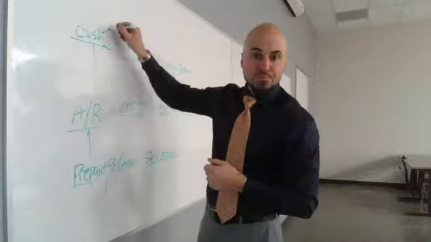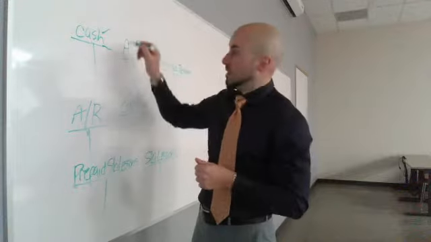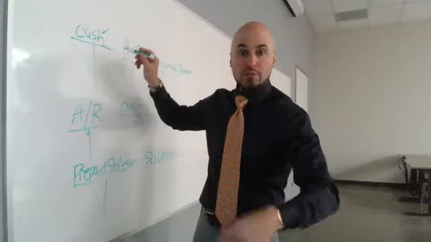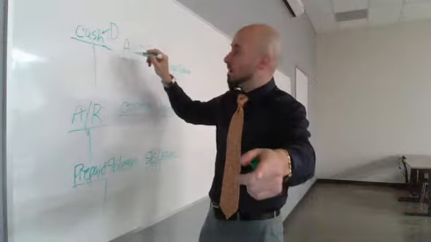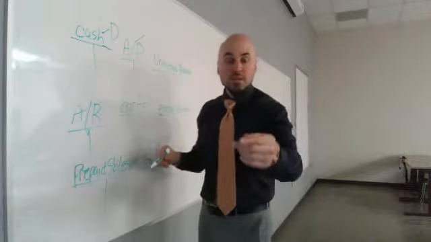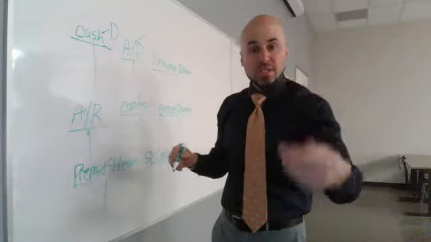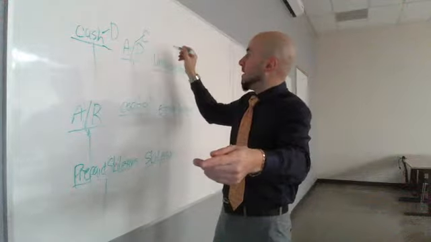What's cash? And I'll put either D or C for debit or credit. Cash is an asset, therefore a natural debit. Okay, keep going. Accounts payable is a liability. That means it's a natural credit. All right.